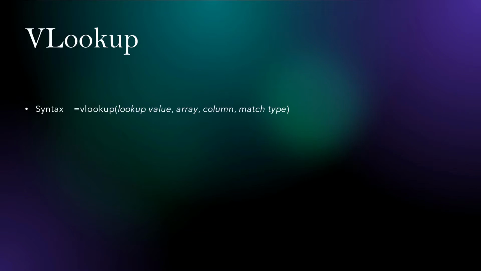So the syntax for VLookup, this is the format we're going to put in the formula bar or the cell that we're going to be doing a lookup for: equal to a VLookup, open parentheses, the lookup value, which can either be a static value or a reference cell, the array, which is a table or a range, the column that corresponds to the value that we want returned against that lookup value, and the match type.